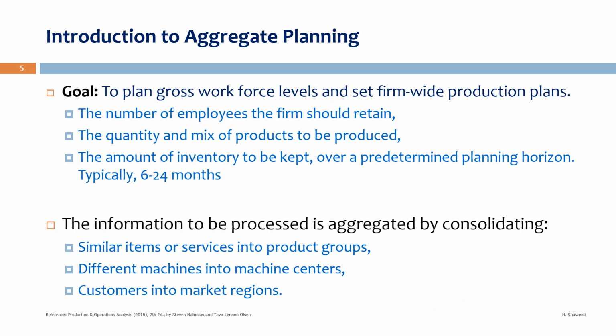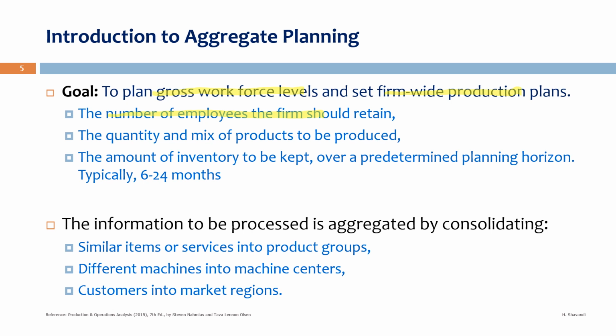So the goal of an aggregate plan is to plan the gross workforce levels as the capacity for production, and then a firm-wide production plan for products. So for the capacity, here we are considering the number of employees. So we will obtain the number of employees that the firm will need in the future periods in the planning horizon.